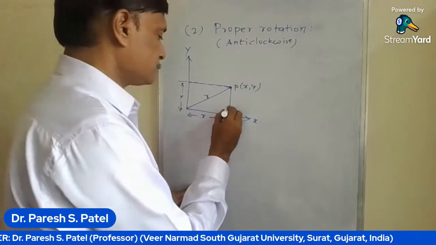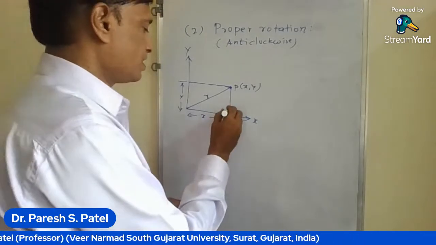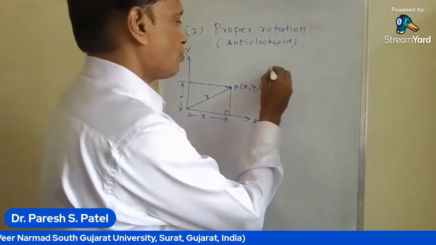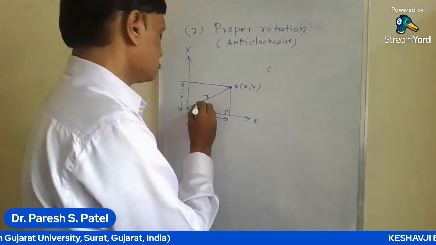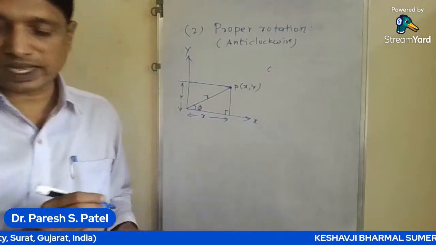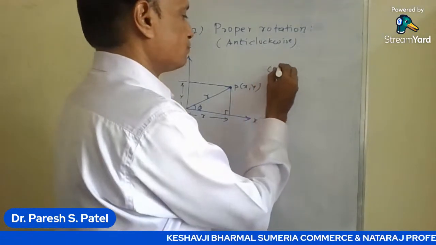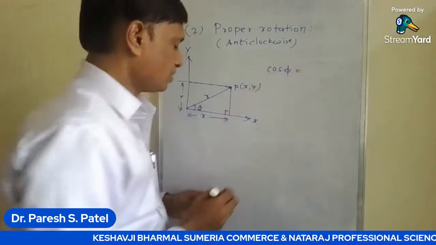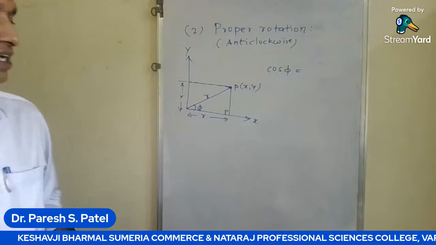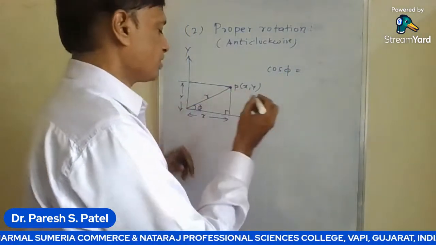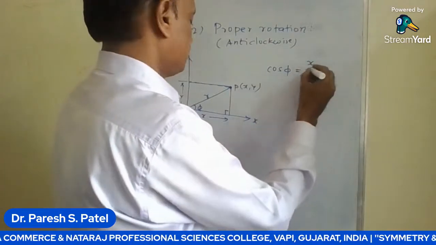In this one, this is the right angle, and suppose the angle along the axis is phi. So cos phi is equal to base divided by hypotenuse, so x divided by r.